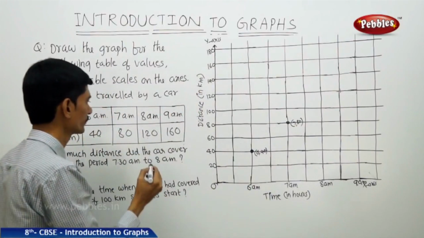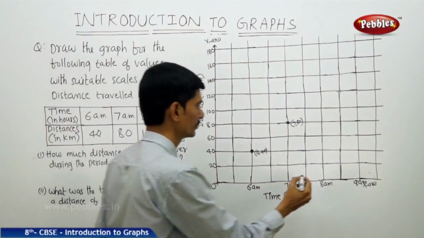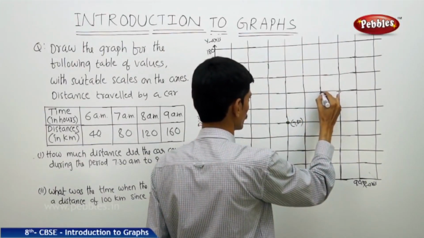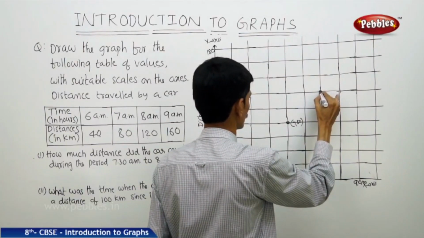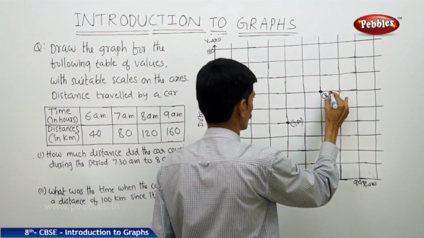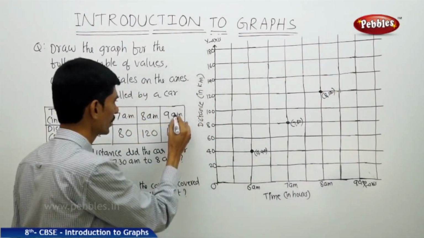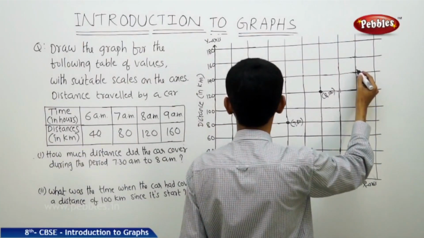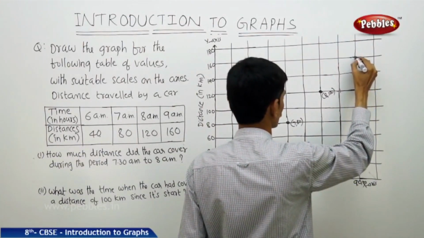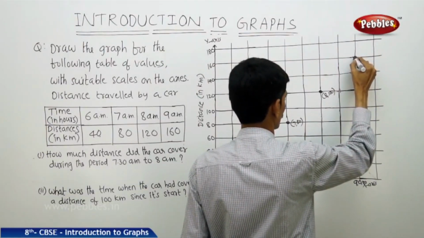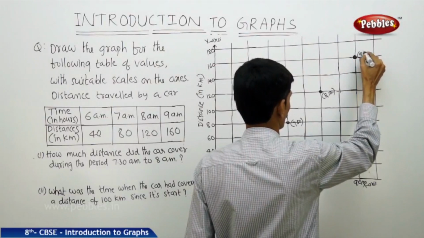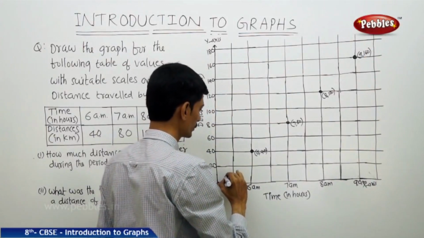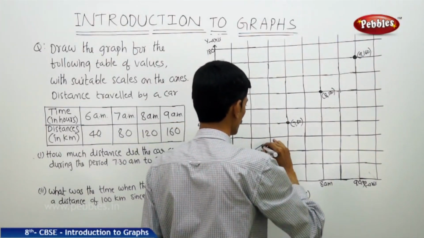The next point is 8, 120. So 8 and 120. And the next point is 9, 160. At 9 a.m. the distance travelled by the car is 160 kilometers. So this is the point 9, 160. Now if we join all these points, then we get a straight line. So this is the linear graph.